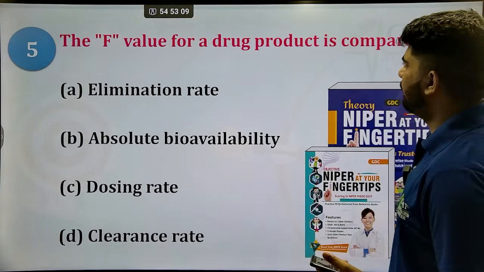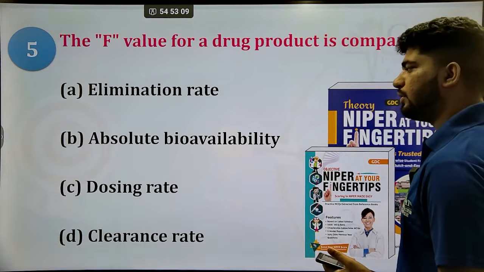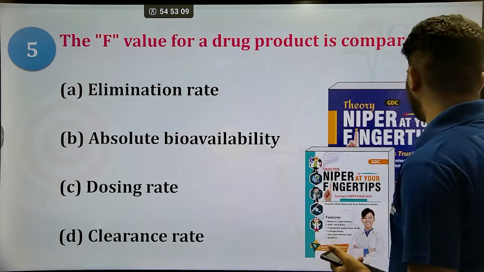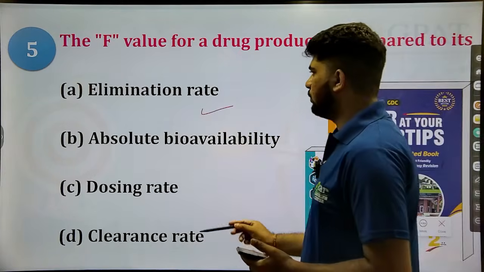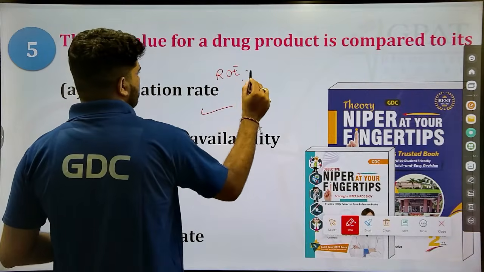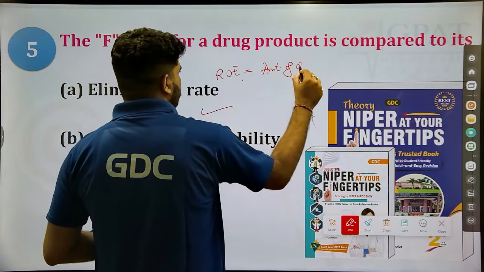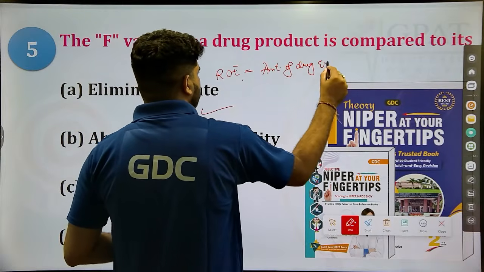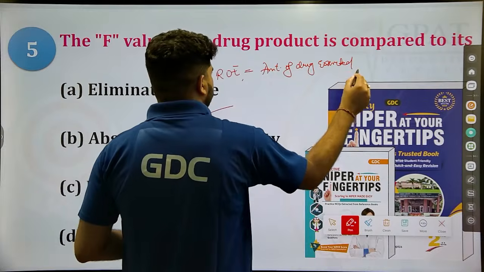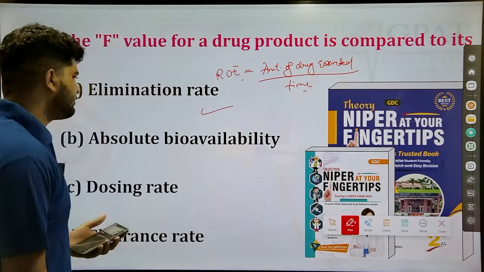The F value for a drug product compared to its F value. Is that elimination rate? No, rate of elimination is nothing but the amount of drug excreted per unit time. Absolute bioavailability?